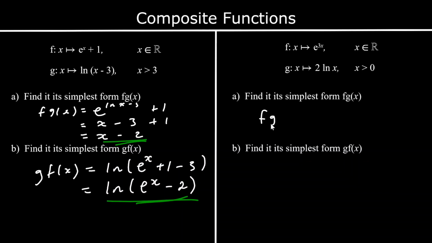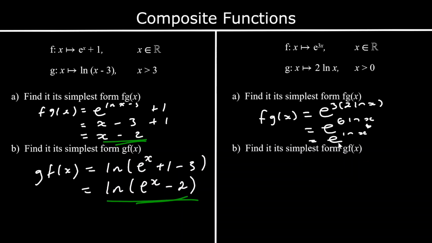So fg of x is e to the power of 3 times 2 ln x, which is the same as e to the power of 6 ln x, which is the same as e to the power of ln x to the power of 6.